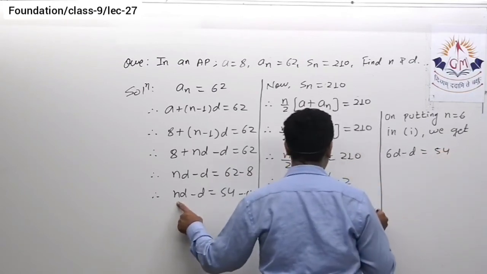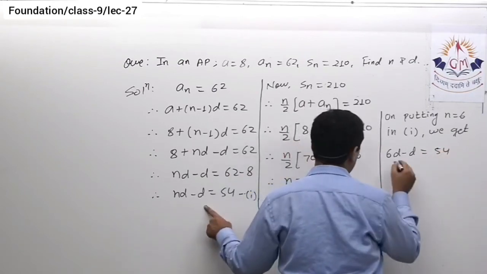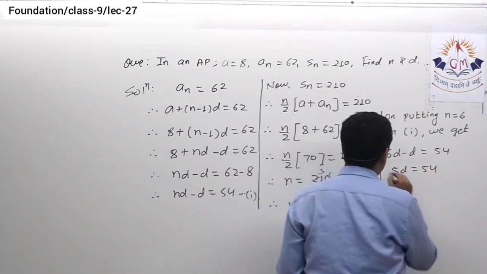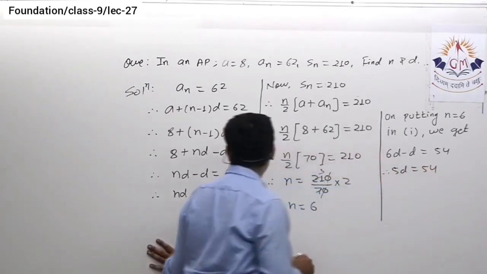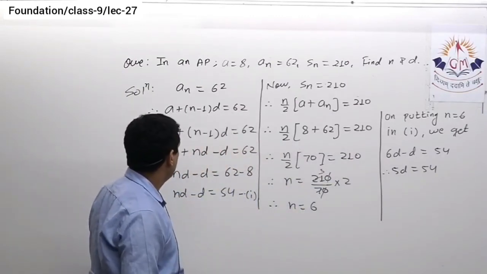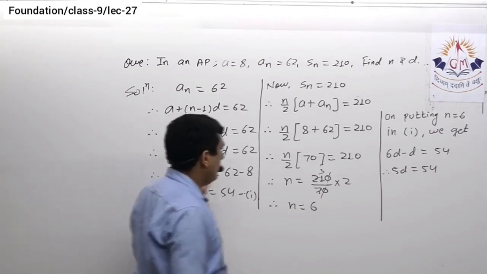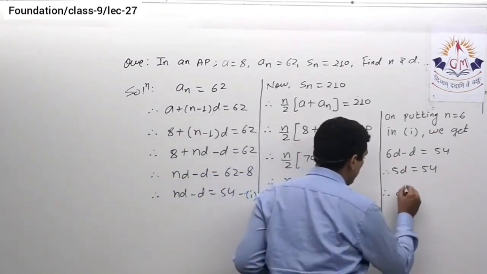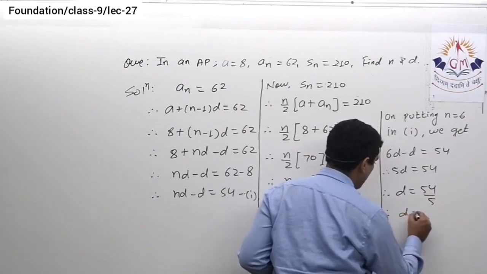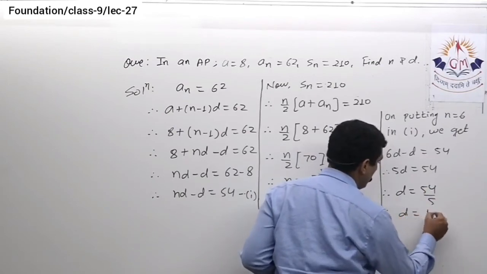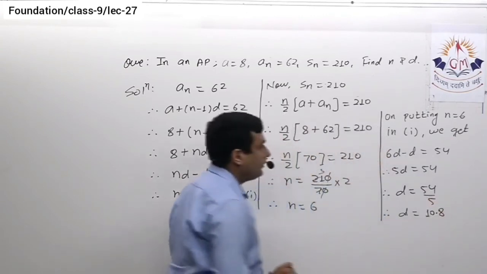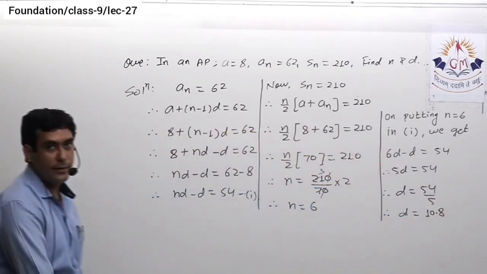Okay, n equal to 6, so 6d minus d, that is 5d is equal to 54. So d is equal to 54 upon 5, therefore d is equal to 10.8. Okay, so please note it down, then we'll see the next question.